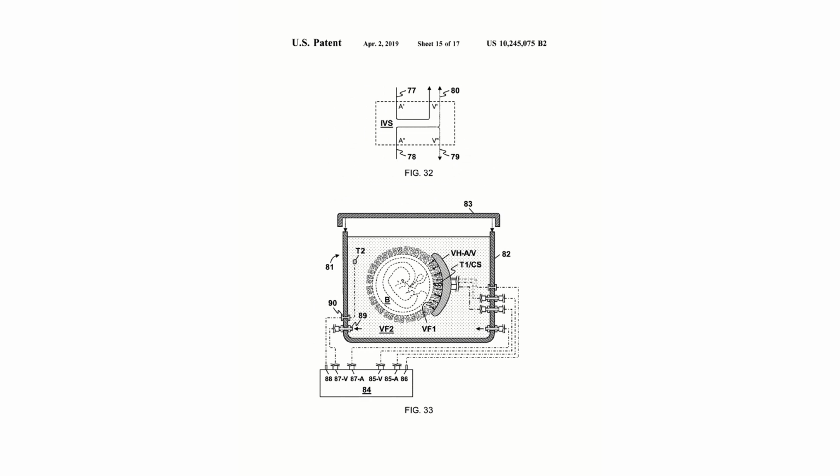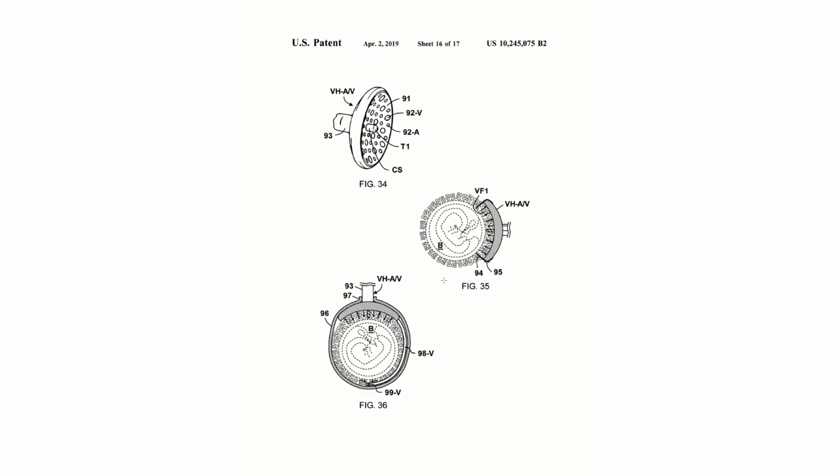There's a more advanced incubator where the baby's fully submerged, and we have this thing right here as a ventilation head. It's basically like a shower head, except it circulates bidirectionally.